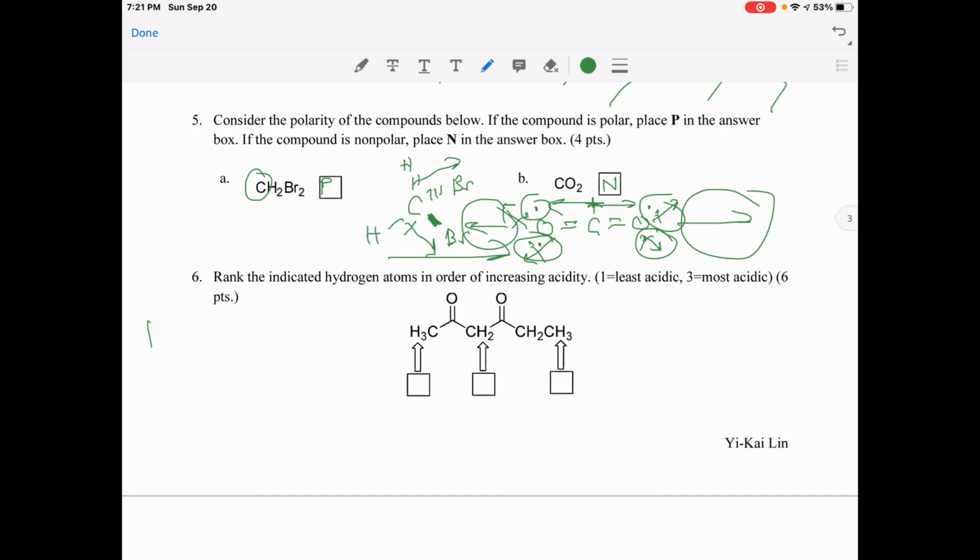So as the stability of the conjugate base goes up, this gives us higher acidity. This is the guiding principle that we will use to solve this problem.